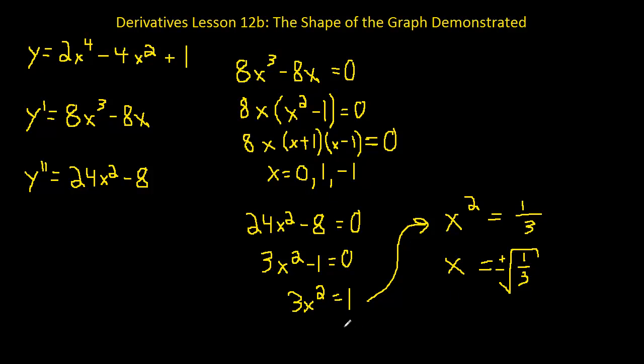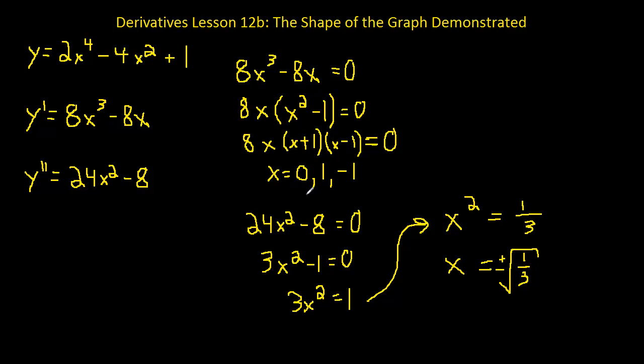So we have all the critical points we need, and we can check these points for the first derivative. At these points, it goes from either negative to positive or positive to negative, and the slope is equal to 0.